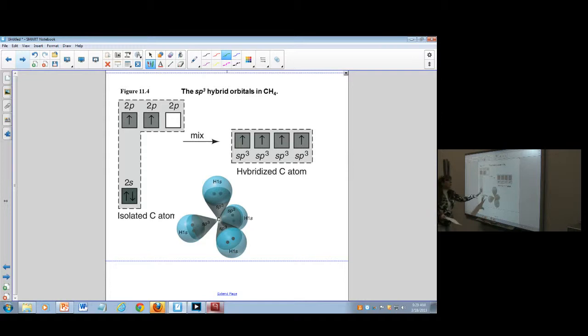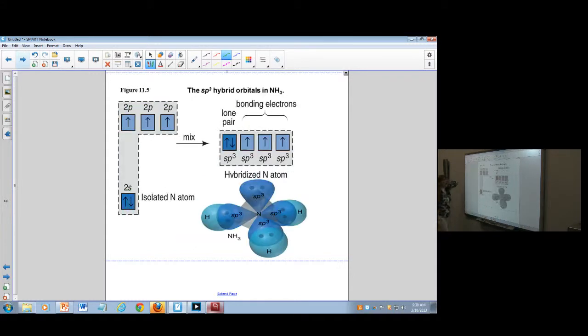All right, so we've already looked at the sp3 hybridization for carbon. In this case, remember, we're taking one s orbital and three p orbitals, not the number n, but the number of orbitals, and that gives us four sp3 orbitals. So we already looked at that, and that allows us to make a molecule like CH4. But I want to talk about when we have molecules that have lone pairs of electrons.